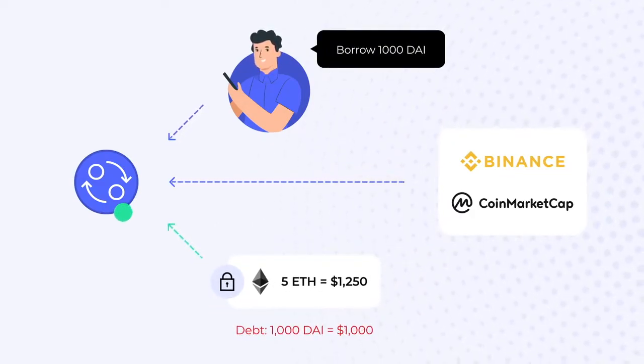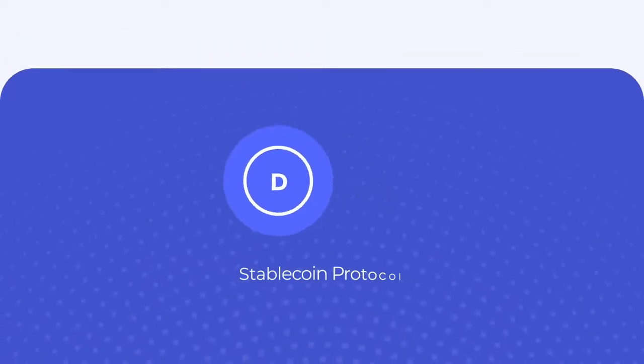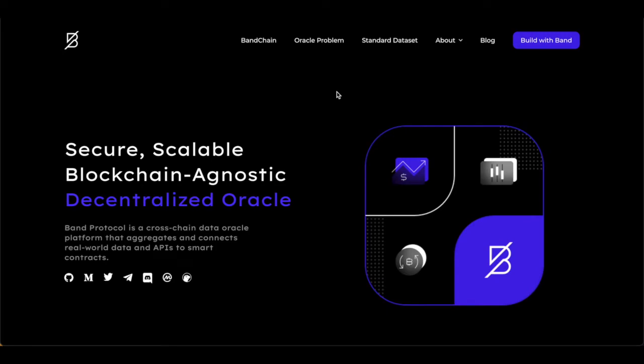So what is BAN protocol? Well, BAN protocol is a decentralized data oracle that aggregates real-world data and sends it to a smart contract on the blockchain like Cosmos and Ethereum. Decentralized finance applications, in other words DeFi, need reliable price feeds, and other smart contracts and decentralized applications, in other words dApps, require a variety of real-world data inputs ranging from current events and sports to weather, even random numbers.